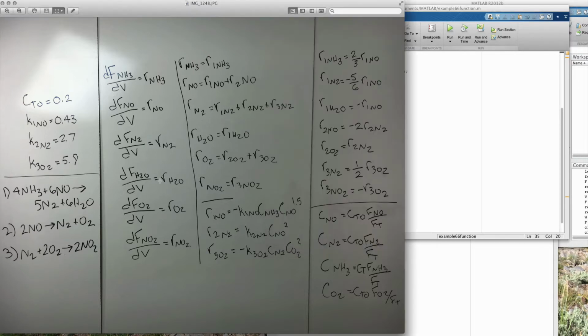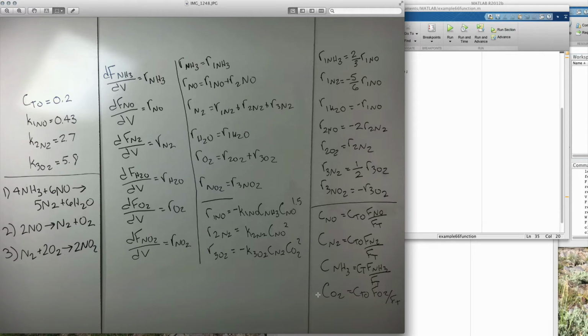Just as a quick reminder, this is a summary of the equations we derived for example 6-6. These were the mole balances, and then we had the rate laws, the ones that were given, and then the ones that we derived, and then the net rates for the rate laws. We also needed the concentrations that appear in these rate laws, so we have this here.